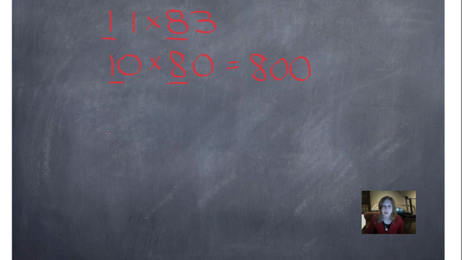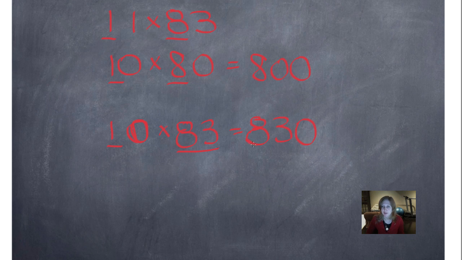Okay. I could also use compatible numbers because if I round 11 to 10, I can multiply 10 times 83 really easily. It gives me 830 because 1 times 83 is 83, and then I add my 0.